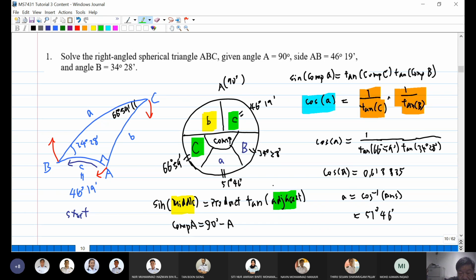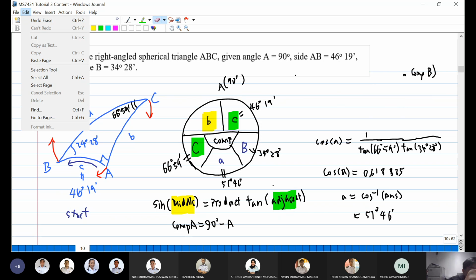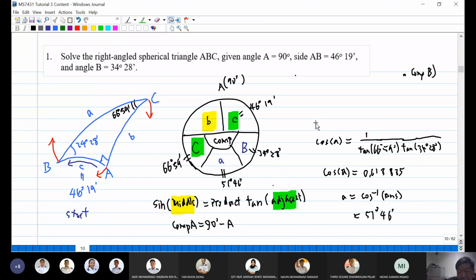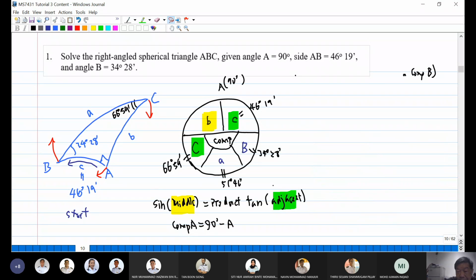Okay, so now I'm going to change the formula. So I will use all the shortcuts now. If you don't want to use the shortcut, then you use 90 degrees minus things to work out.